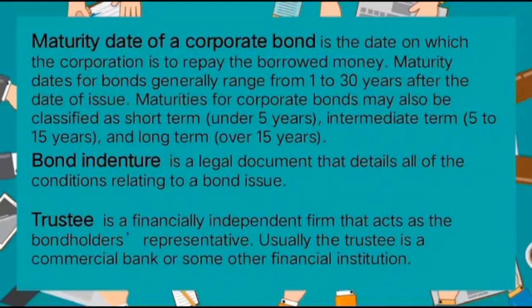Ang bond indenture naman ay legal contract, the document between the bond issuer at ang bondholders. And the bond indenture includes many clauses. In addition, the bond indenture, also known as a bond resolution, is a core legal document that acts as a contract between the bond issuer and bondholder and contains all the details related to the bond, like details of the issue, purpose of issue, obligations of the issuer of the bond, and rights of the bondholders.